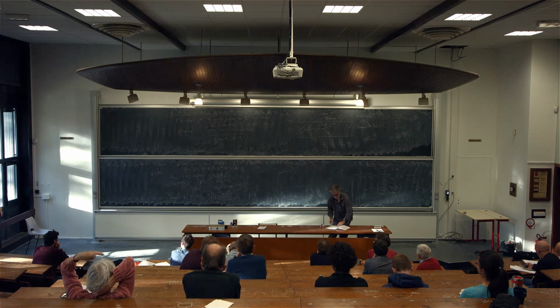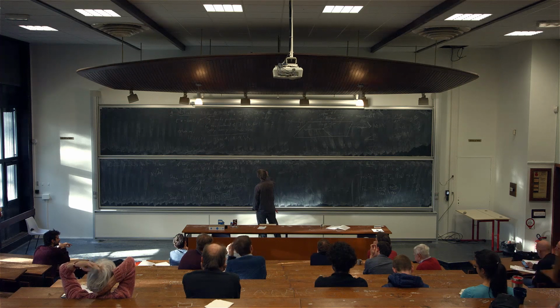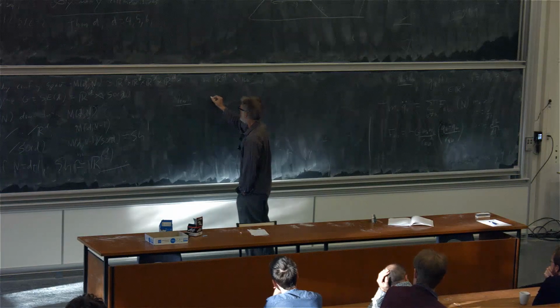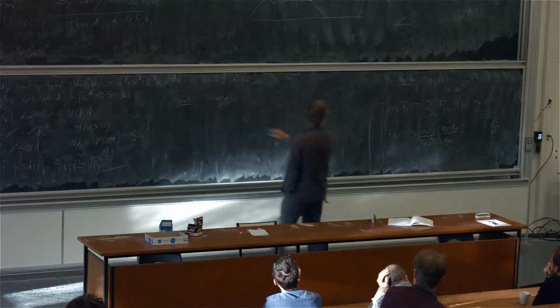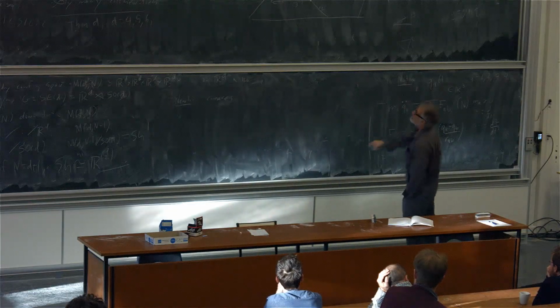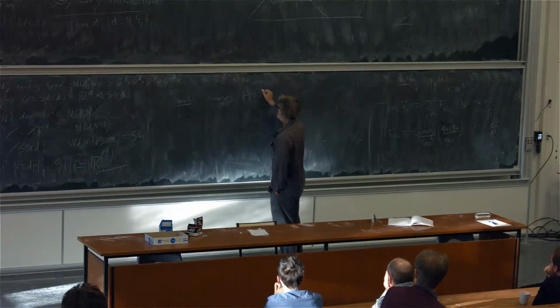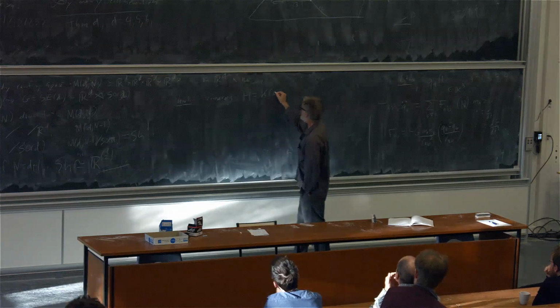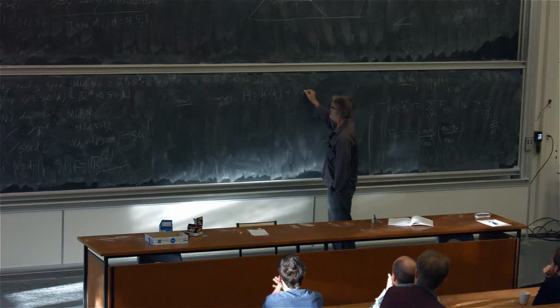Right, so I need Newton. I think I'll start by writing out the energy, which is conserved. I erased it, but it's usually written this way: the kinetic energy, which just depends on the derivatives, and the potential.